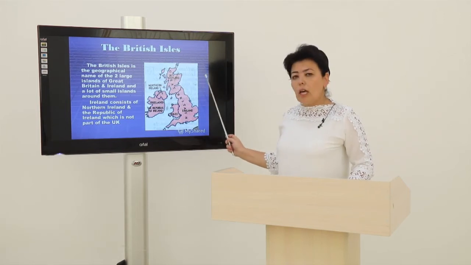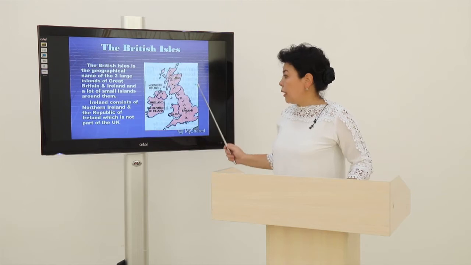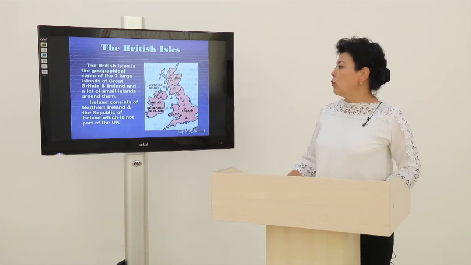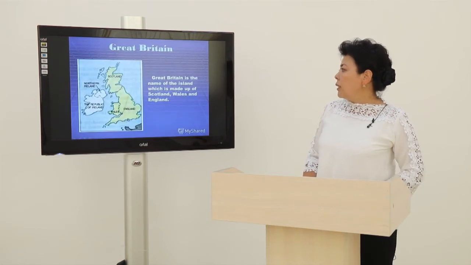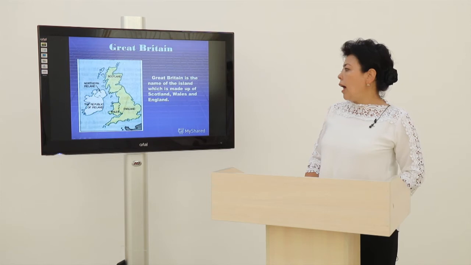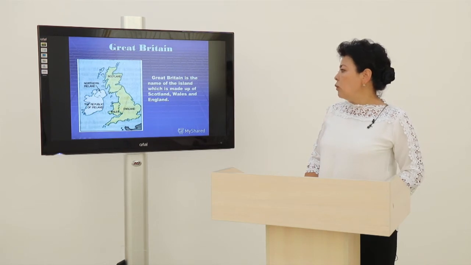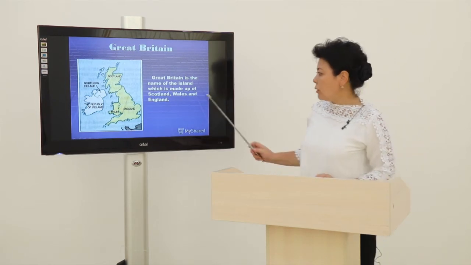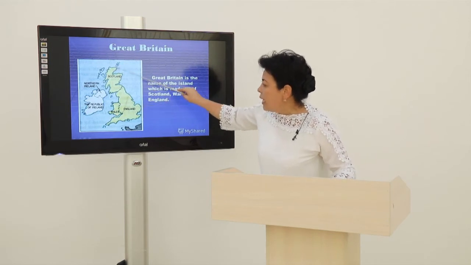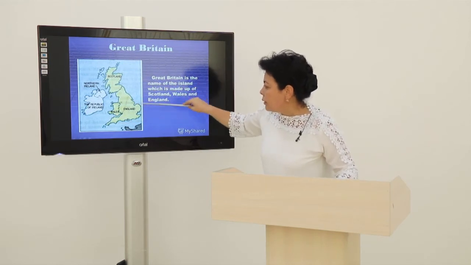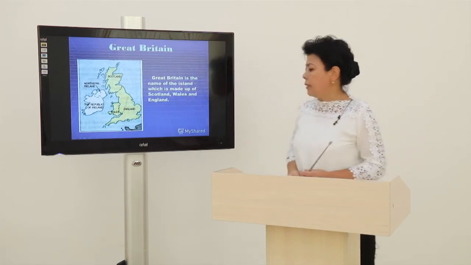There are 5,000 small islands in the United Kingdom. Ireland consists of Northern Ireland and the Republic of Ireland, which is not part of the United Kingdom. Great Britain is the name of the island made up of Scotland, Wales and England. This is Scotland, this is England, and this is Wales.